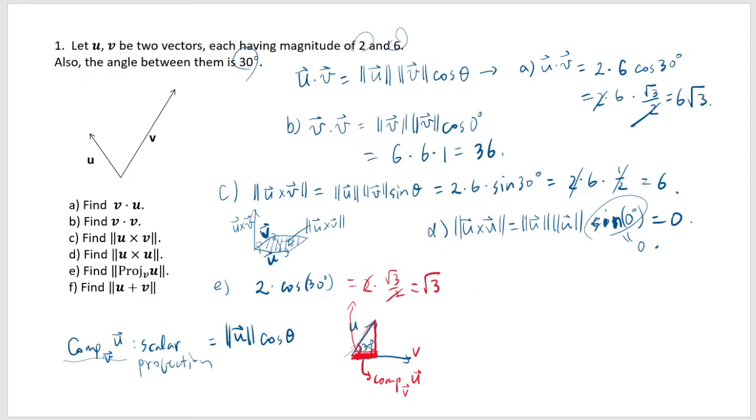Okay, and then the last one, F, the norm of u plus v. This one is a nice example where you try to use the fact that this would be the same as this, but if you look at it, this is also the same as, I can put cosine 0 here too, right?